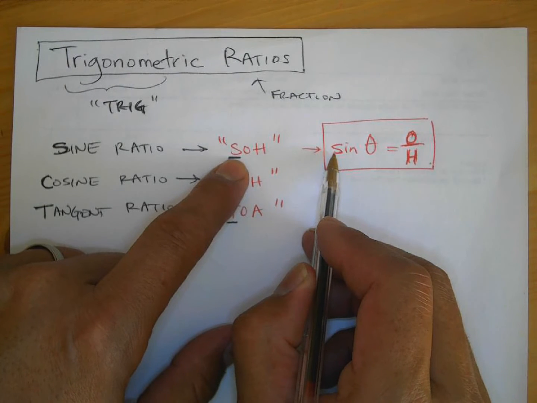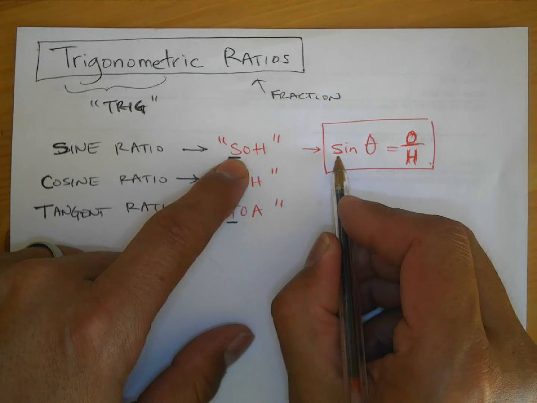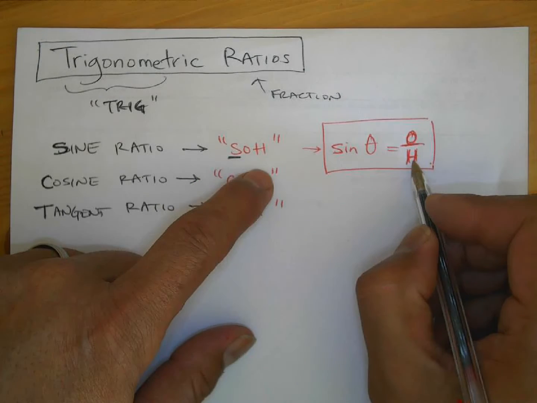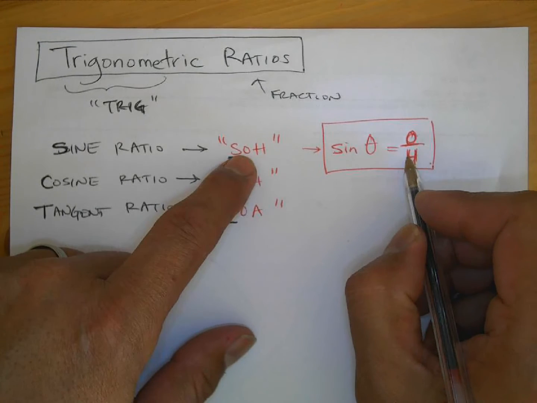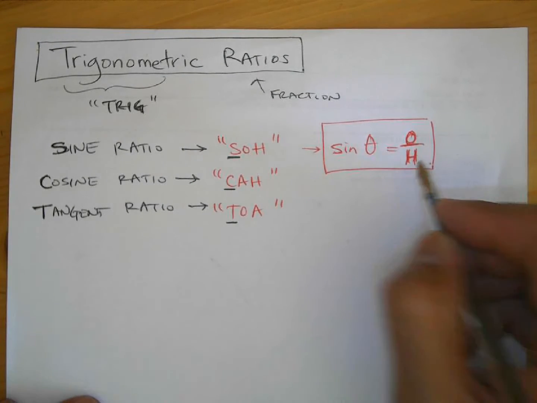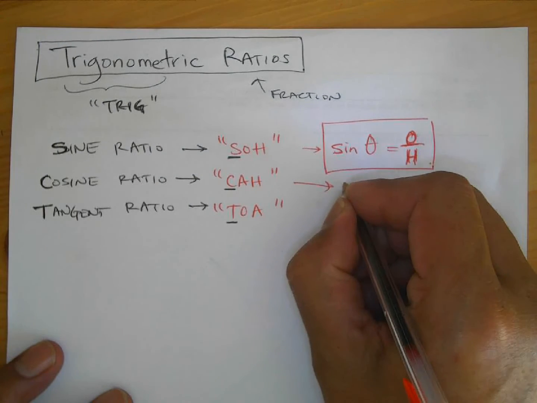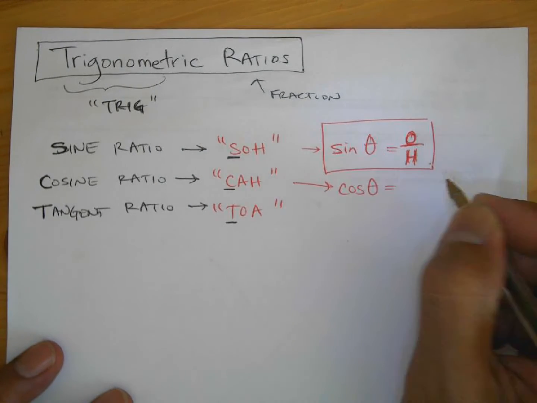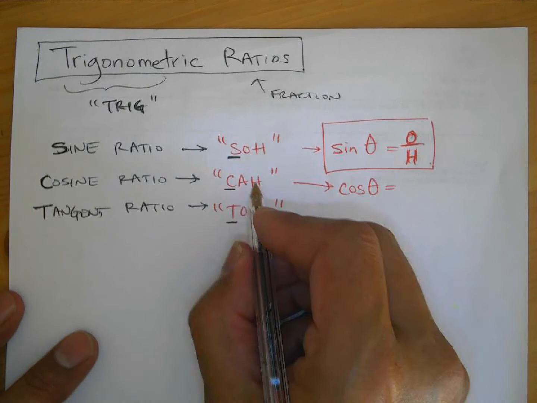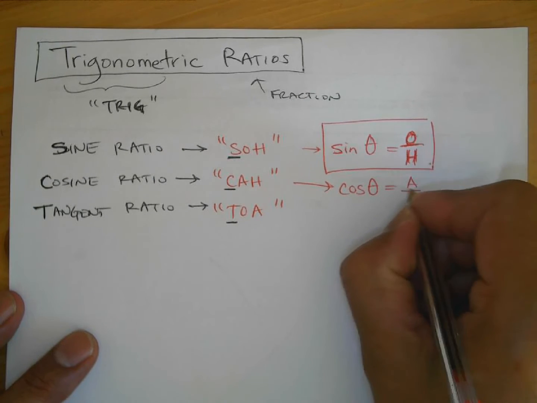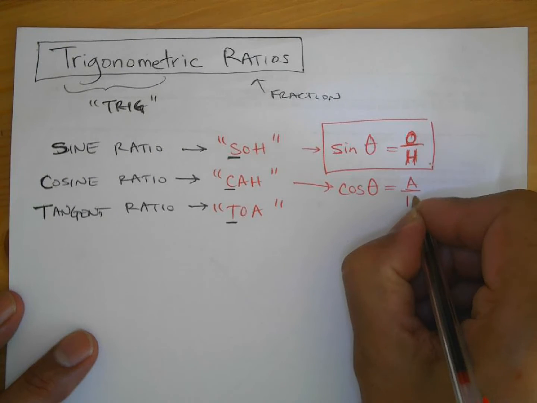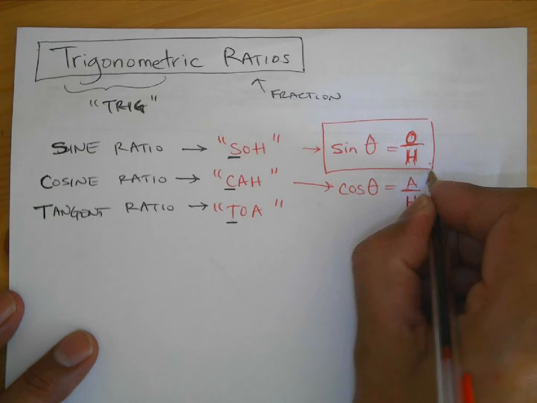The first letter is the trig function, and then the other two are the fraction, numerator over denominator. CAH, the C is for cosine of the angle, which is equal to A over H. The last two set up that fraction, that ratio.